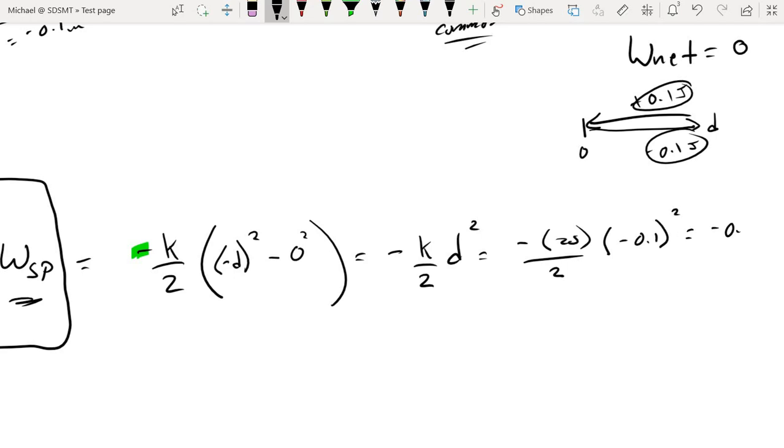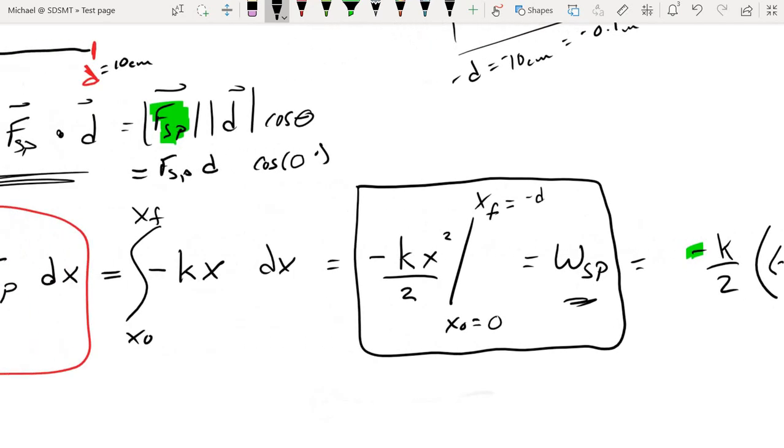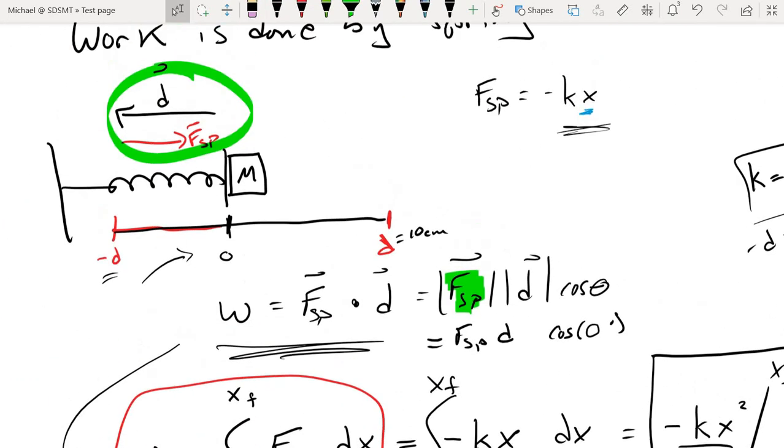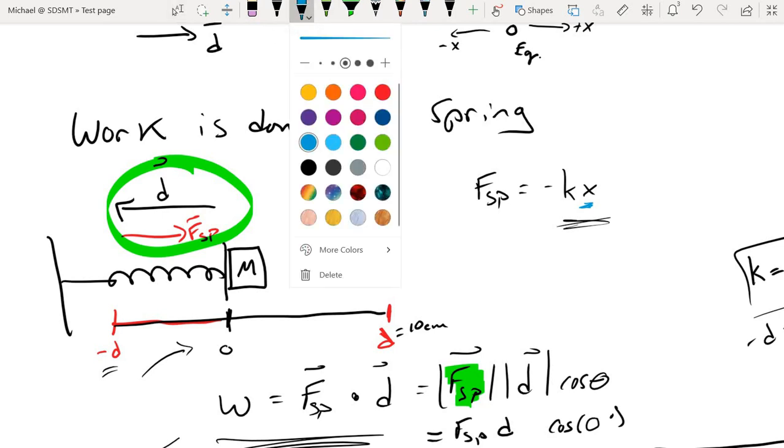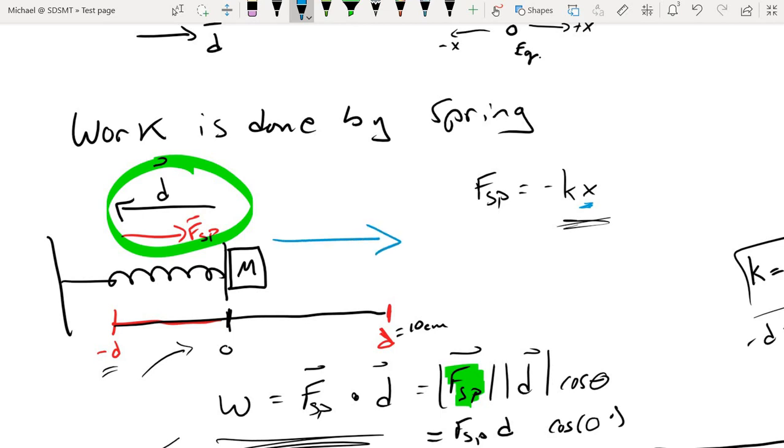Well, all of that is still going to evaluate back to negative 0.1 joules. So as it turns out, it doesn't matter which way we are displacing from the equilibrium position. Anytime we move away from the equilibrium position, we're going to do negative work. And as it turns out, we do the same amount of work for the same amount of displacement.